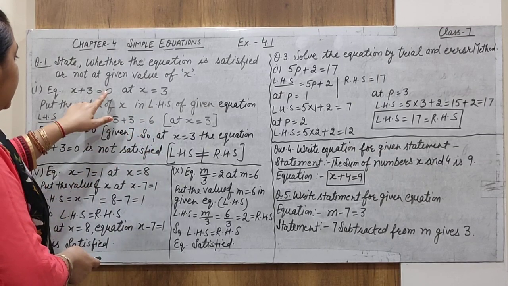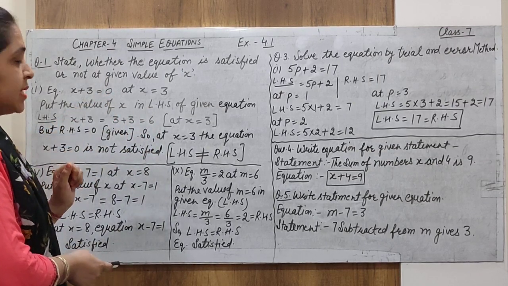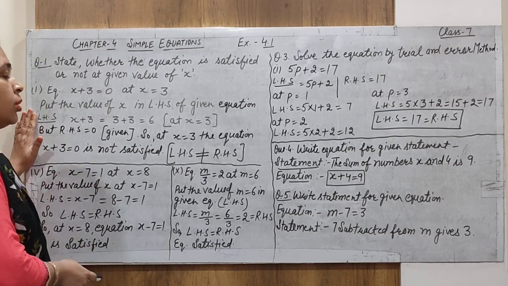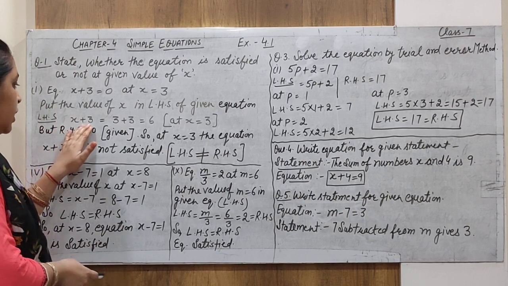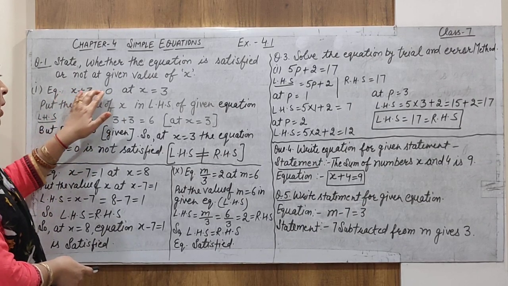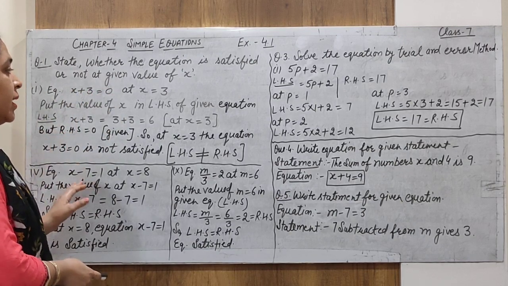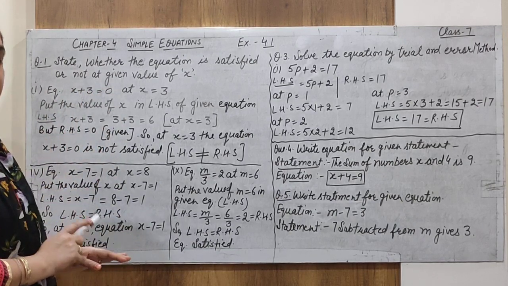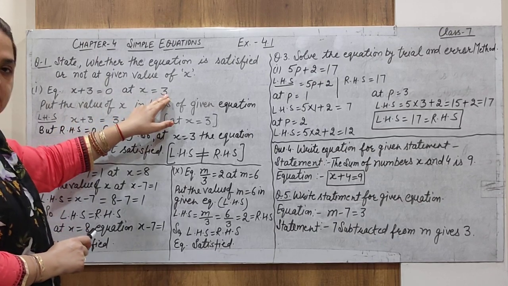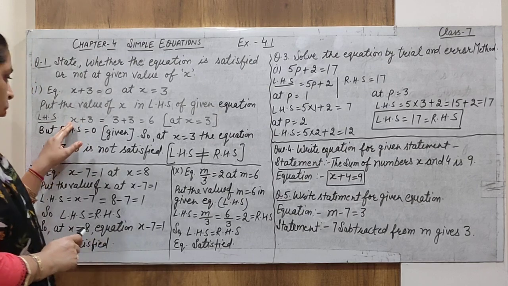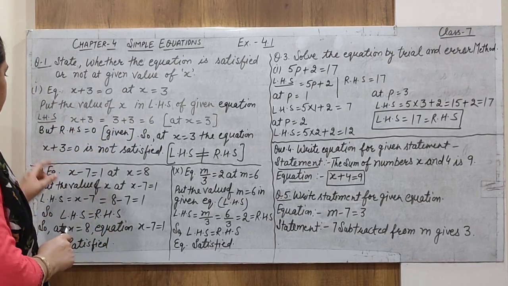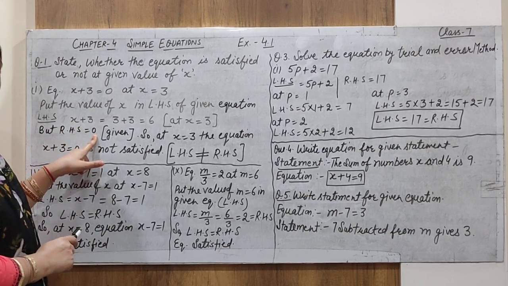But we need 0 because this is the right hand side. If we want the left hand side to be equal to the right hand side, the result of the left hand side must be 0. Only then this equation is satisfied. Now, when we put the value of x is equal to 3 in the given equation, we get 3 plus 3 is equal to 6. But the right hand side is equal to 0.